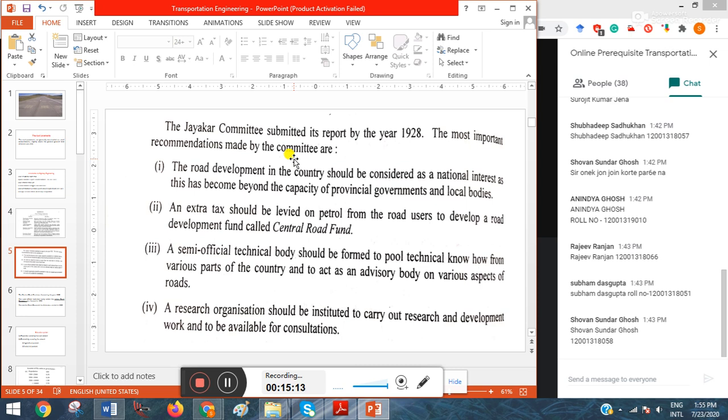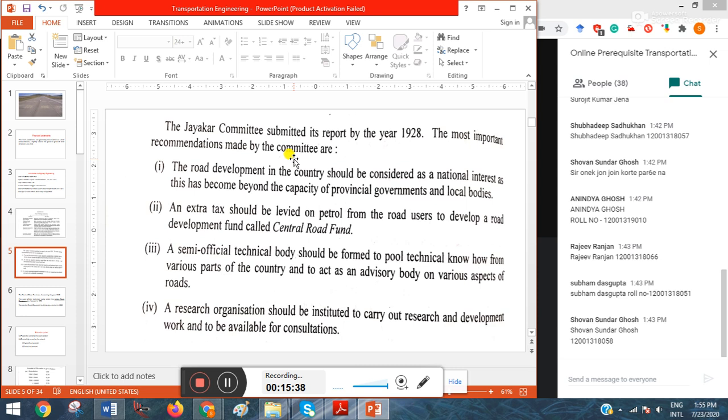This Jayakar Committee. After the First World War, motor vehicles using the roads increased, and this demanded a better road network which can carry both bullock cart traffic and motor vehicles. In our India, mixed kinds of traffic are there on the road.